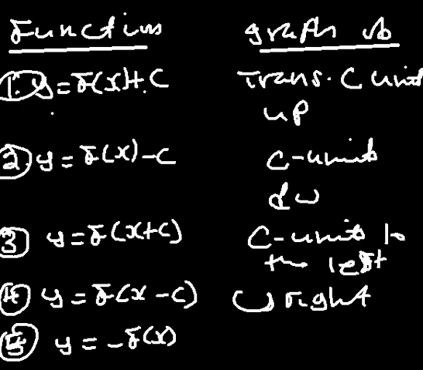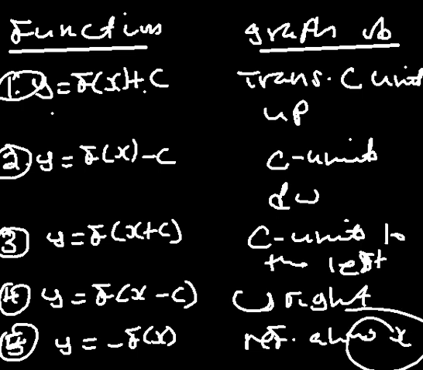Mind you, f of x is the same as y, so if we have negative y, the graph has to reflect along the x-axis. So take note of that: reflection along the x-axis.